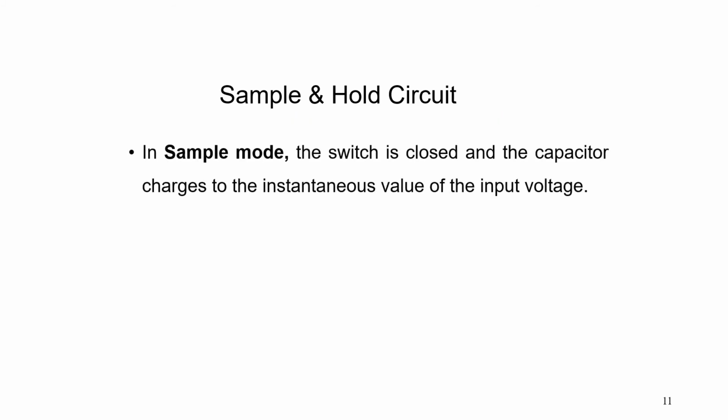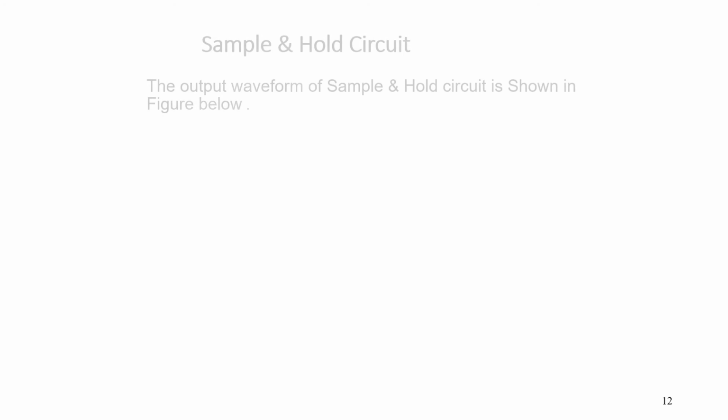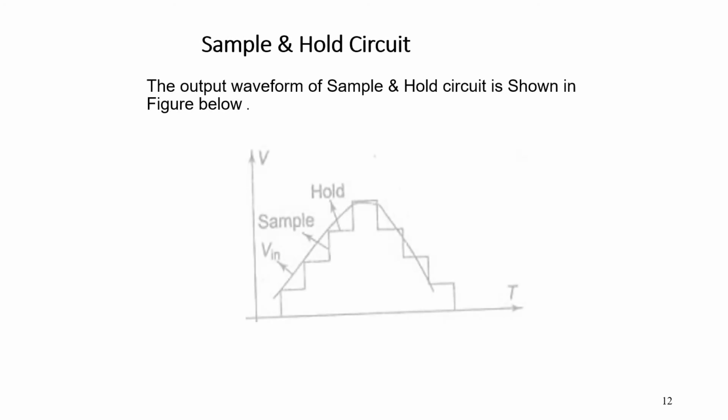In sample mode, the switch is closed and the capacitor charges to the instantaneous value of the input voltage. In hold mode, the switch is open and the capacitor holds the voltage that it had at the instant the switch was opened. So the output waveform of the sample and hold circuit is like this. It holds the waveform.